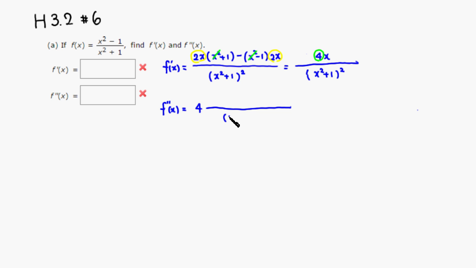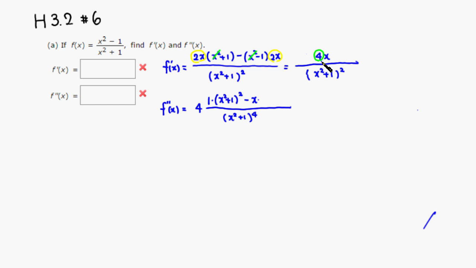We have a quantity x squared plus 1, and it was already squared, so it's going to be a fourth power. The derivative of the top is 1, times the bottom, quantity x squared plus 1 squared, minus the top, which is x, multiplied by the derivative of this guy.